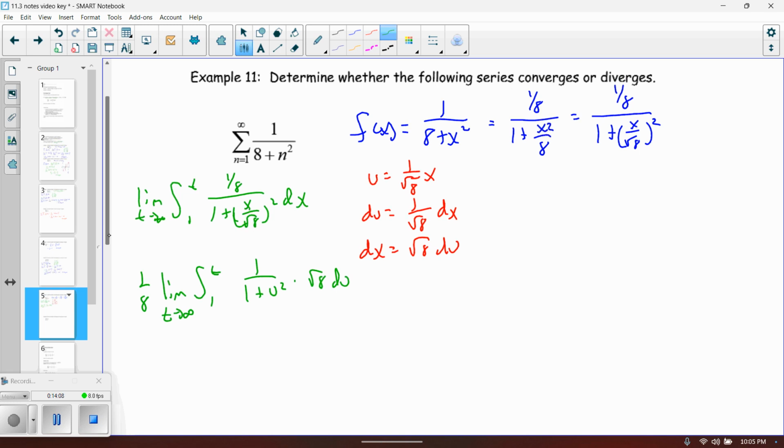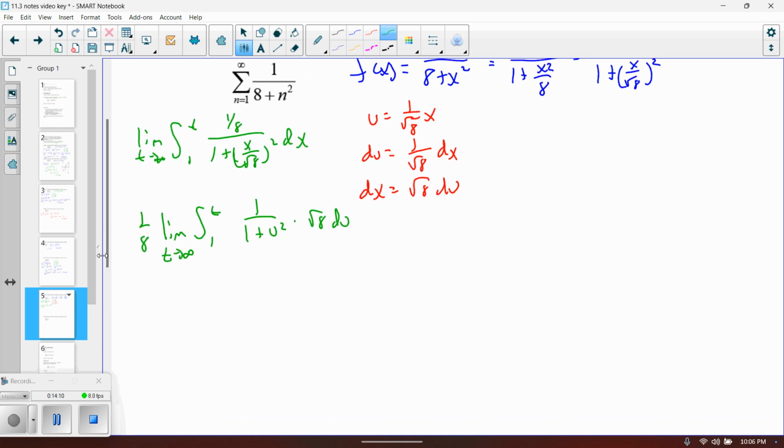Well, root 8 itself is a constant. I can pull that out to the front, so I'll have root 8 over 8. Limit as t goes to infinity, integral from 1 to t, 1 over 1 plus u squared du.